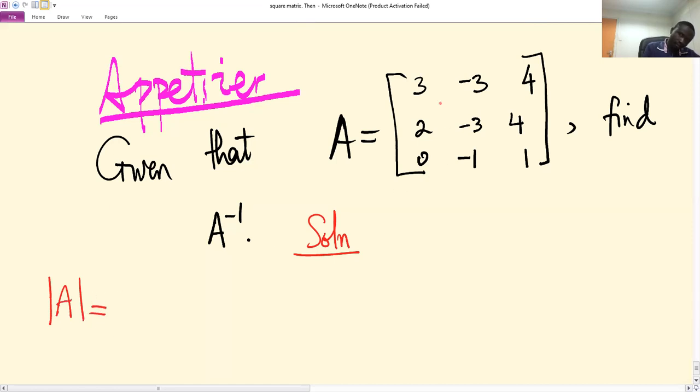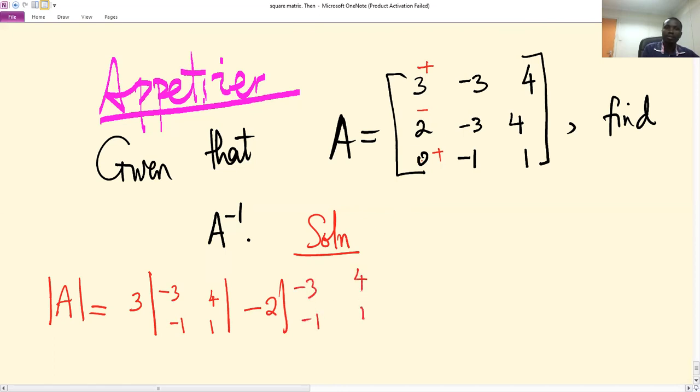Now we can expand by the cofactor method using the first column because at least we see a 0 here. Remember this is usually plus, minus, plus. So it's the same as 3 times the submatrix minus 3, 4, minus 1, 1, minus 2 times, and then delete this, the submatrix minus 3, 4, minus 1, 1.